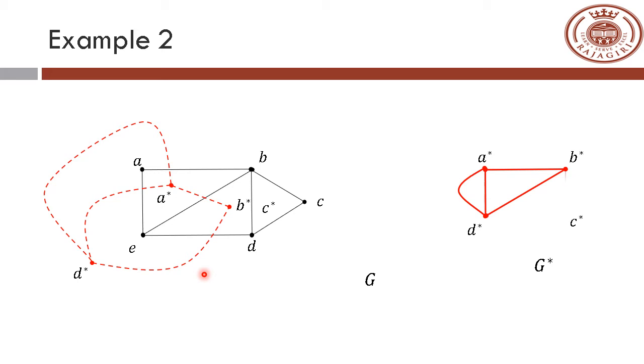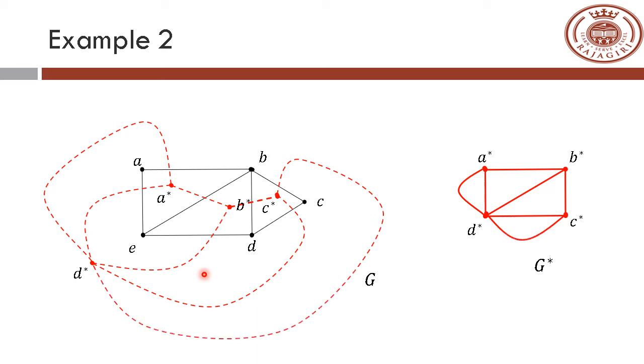Similarly, we can draw the next edge joining B star and C star, and the edges joining C star and D star. On the right side, we can draw the geometrical dual as G star.